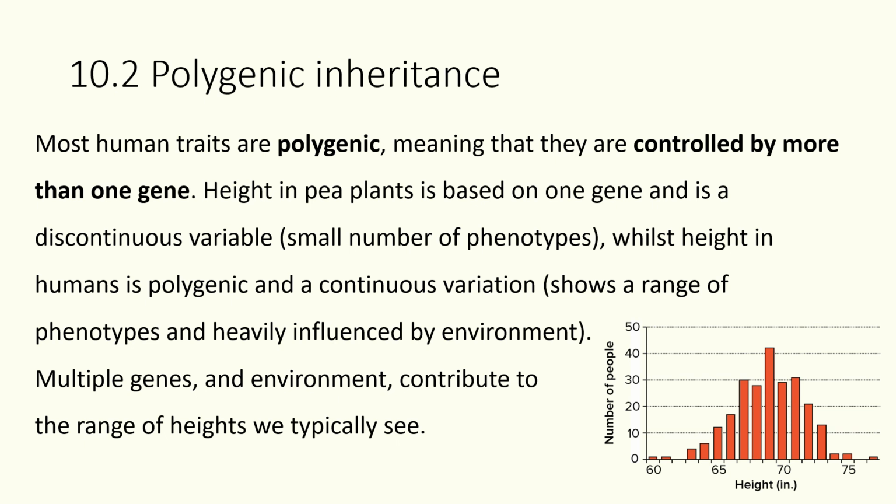On the other end, you would have people who have 7 tall alleles, and they would be incredibly tall. Or you can have what's more likely, somewhere in the middle, where they've got 3 or 4 of each and represent a more median height. So multiple genes and environment contribute to these, but it is polygenic, meaning it ends up being like a spectrum.